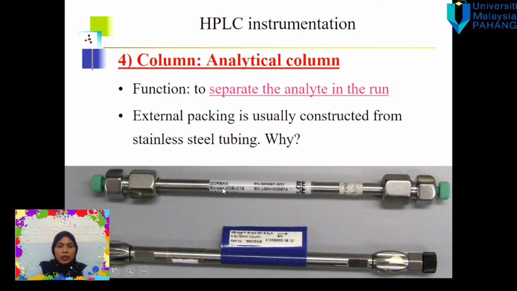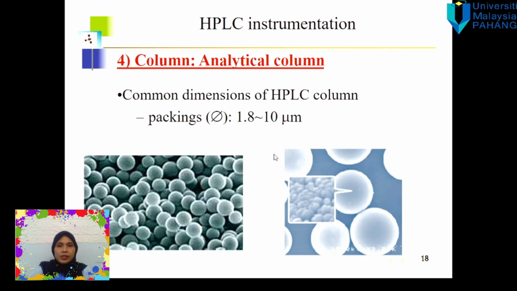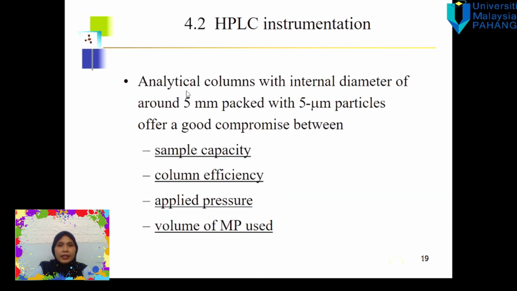This is the brand, and here the silica is coated, and the functional group coated around the silica is C18. This is the size of the column: the length is 150 and the diameter is 4.5. The particle size is normally in the range of 1.8 to 10 micrometer. Why this analytical column?